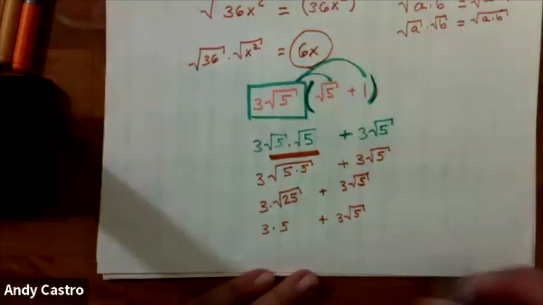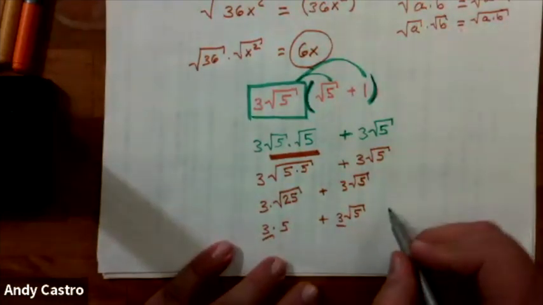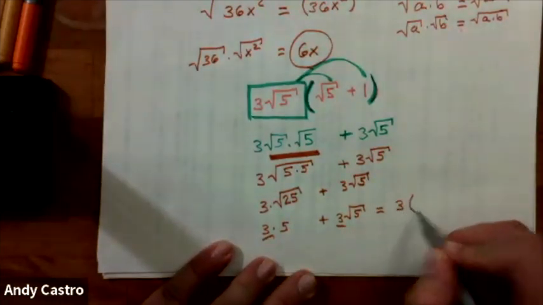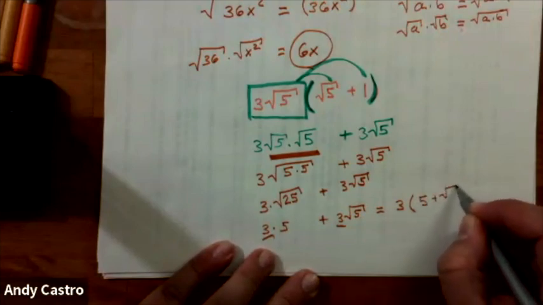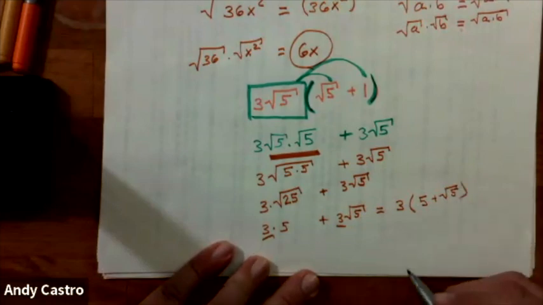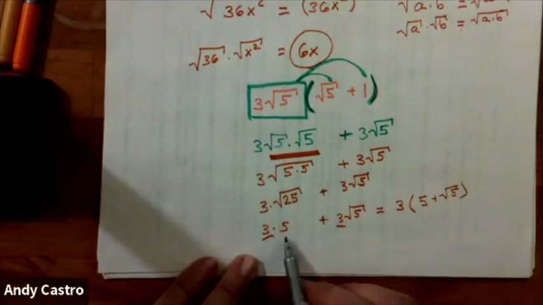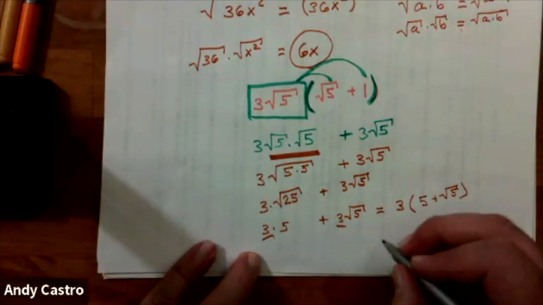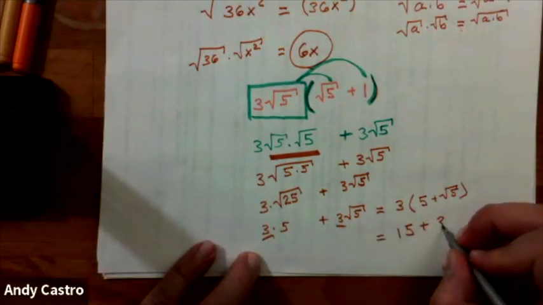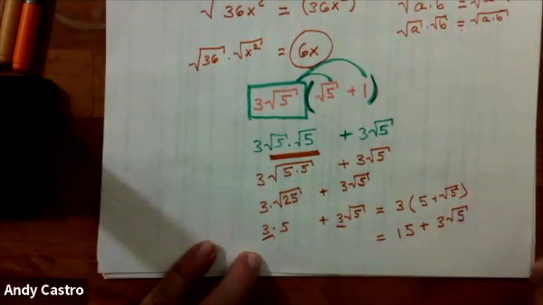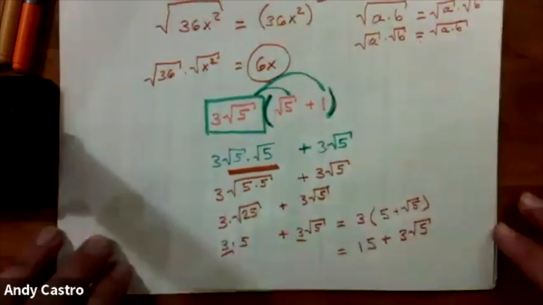So we can do a couple of things here. One, I can pull out the 3, and I could say 3 times 5 plus the square root of 5. Or I can just multiply these two together and get 15 plus 3 times the square root of 5. Both would be acceptable answers.